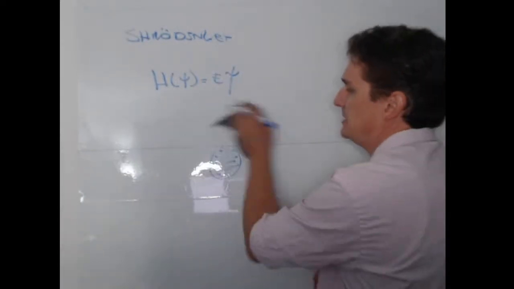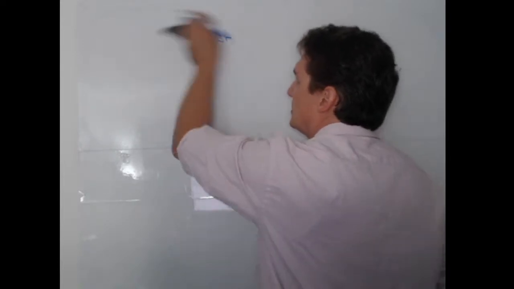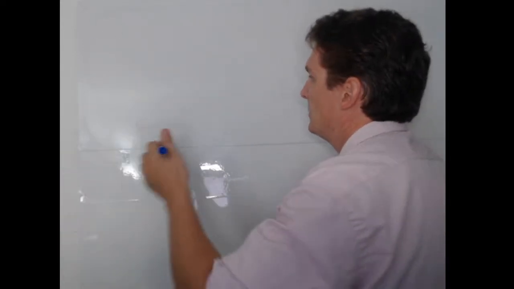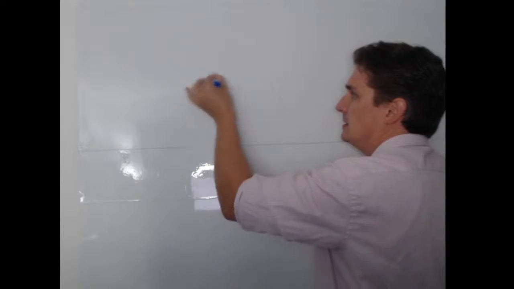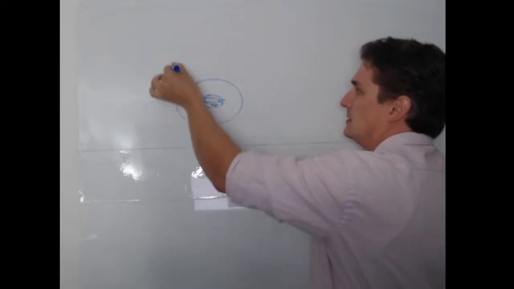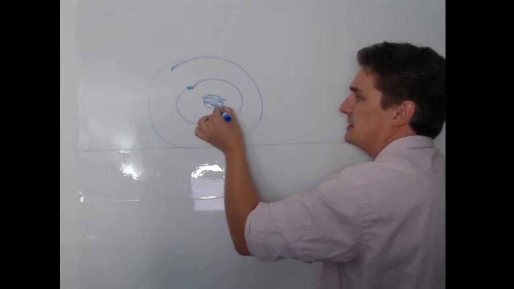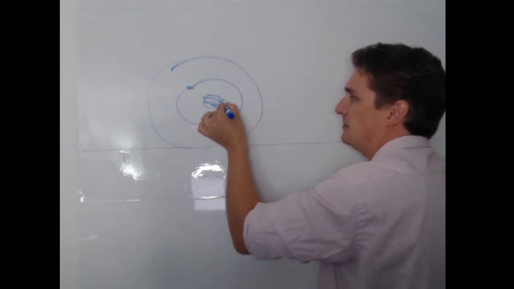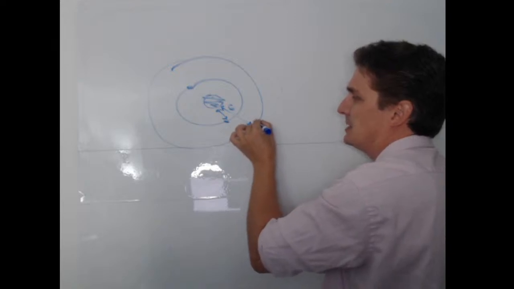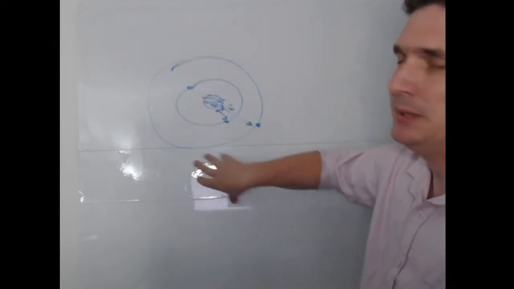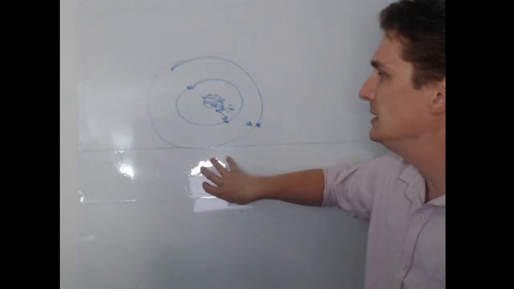And so when we talk about the Bohr model, we're not actually referring to actual orbits. It's not turning around in a circle. These just simply refer to distance from the nucleus and energy. This is what Bohr envisioned with his model, that they're like planets orbiting the sun, but they're not really that.